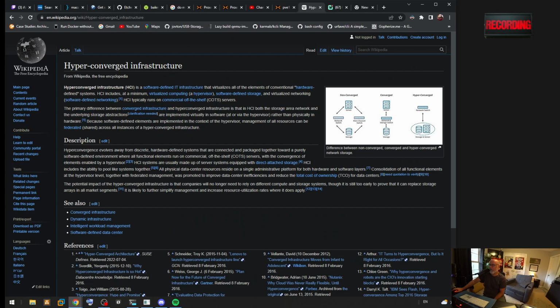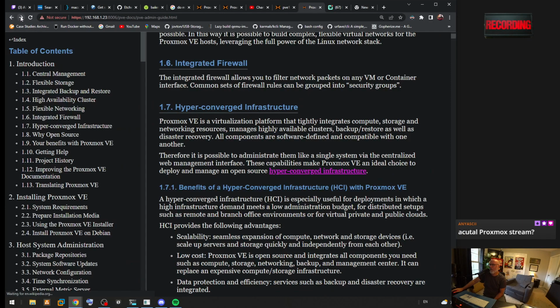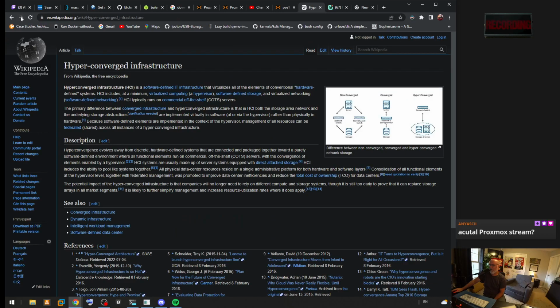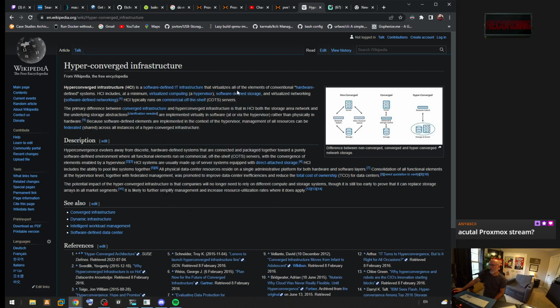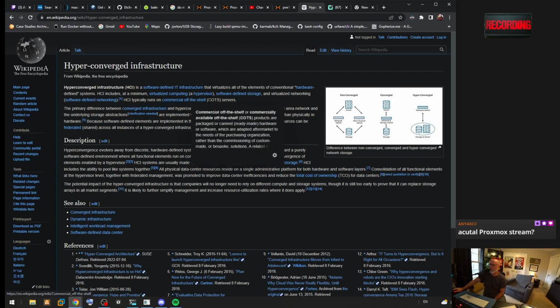What is that? I'm clicking on the Wikipedia link. I have to go back. Hyper-converged infrastructure is a software-defined IT infrastructure that virtualizes all of the elements of conventional hardware. HCI, at a minimum, virtualizes computing, a hypervisor, software-defined storage, and virtualized networking. HCI typically runs on commercial off-the-shelf servers.